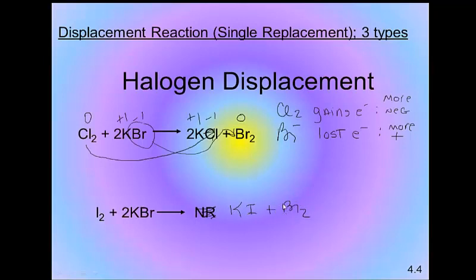Notice the bromine is in its elemental form. And if you assign oxidation states, you would of course go blindly along and you would say, okay, I'm assigning oxidation states. This is nice and simple. You would say, well, the element iodine is going from a 0 to a -1, so it is gaining electrons and it's becoming more negative.